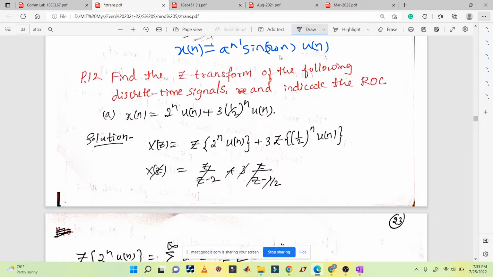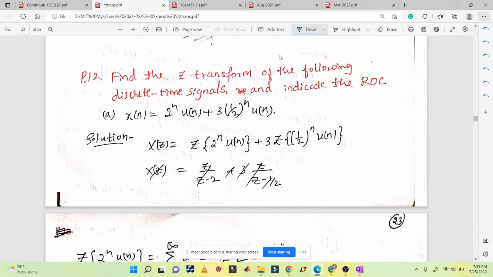So then we have to take the z transform of this sine omega naught n. Then we need to change wherever z is there, we have to replace it by z by a and simplify it. Again, ROC for this also will be magnitude of z greater than magnitude of a. So the same rule is applicable here as well, because it is multiplied by u of n. Okay, try this problem. A to the power n sine omega naught n u of n.